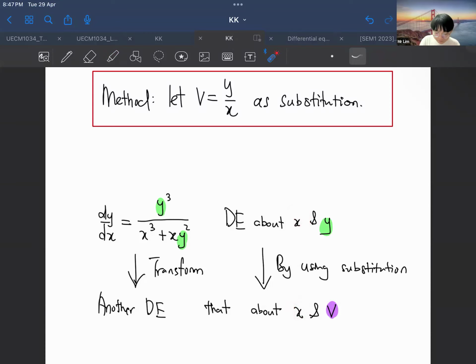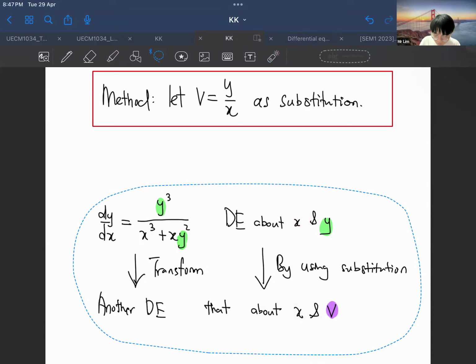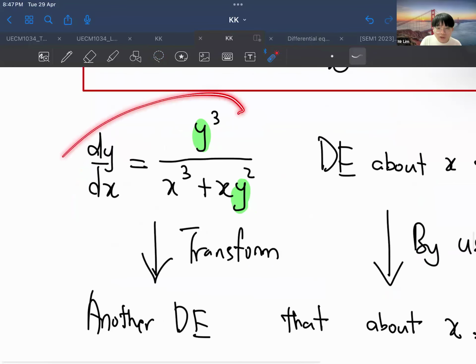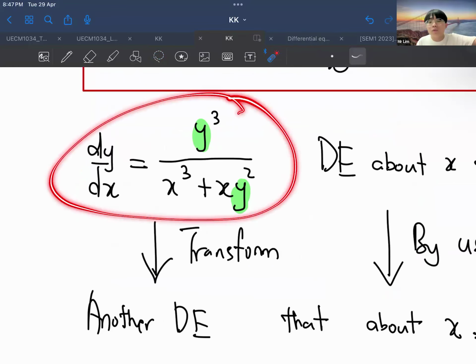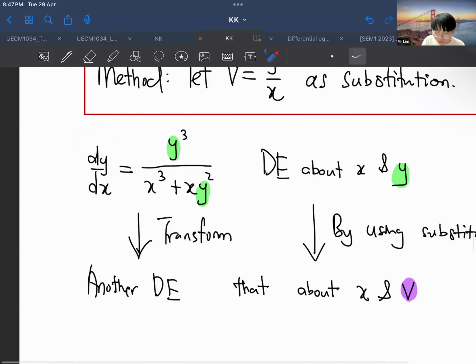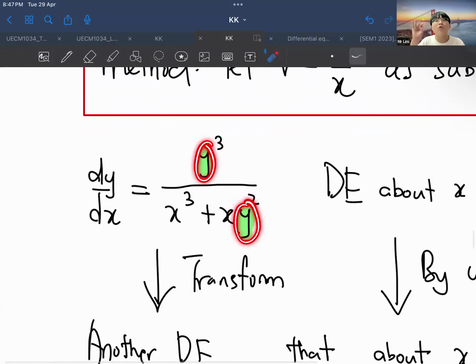So meaning that all your y in this equation, you have to somehow substitute with other things. Replace it. So here, I already highlight the y to you, which means later I don't wish to see the y already. You have to use some way to replace y with what?